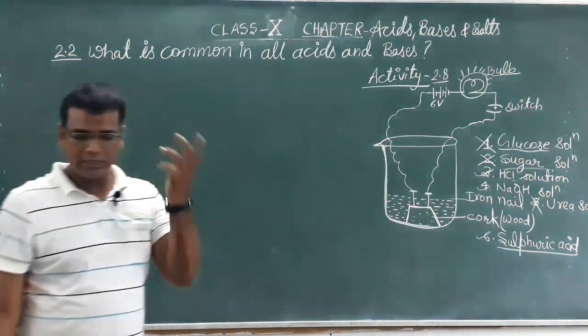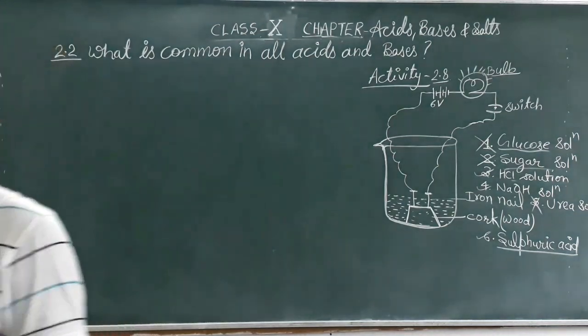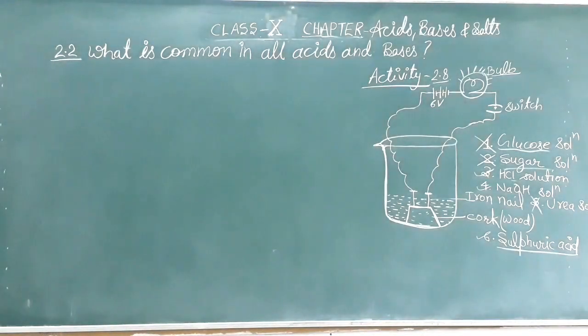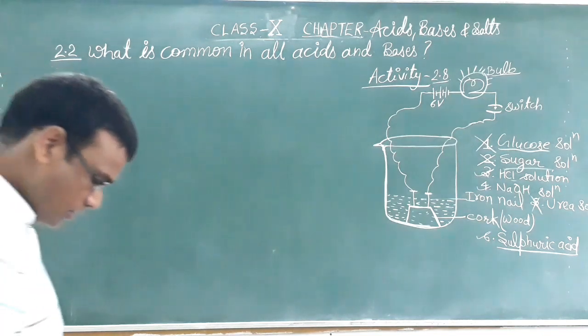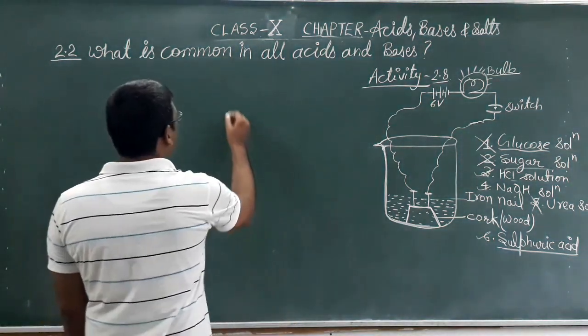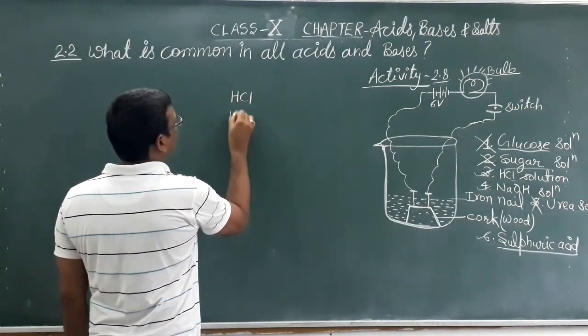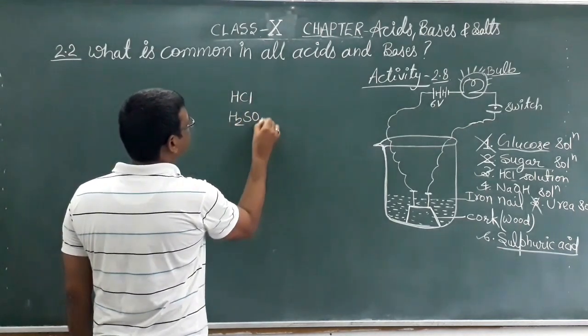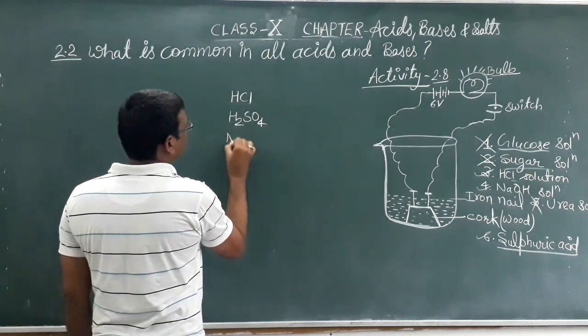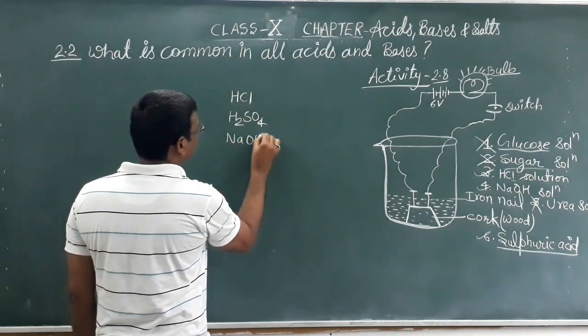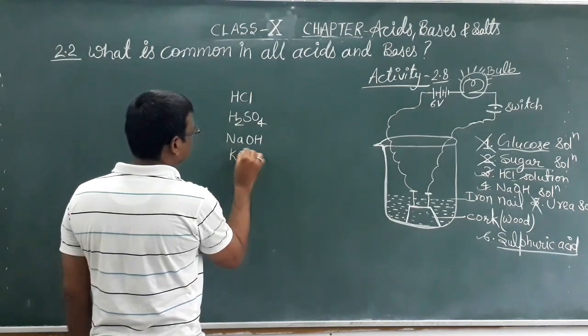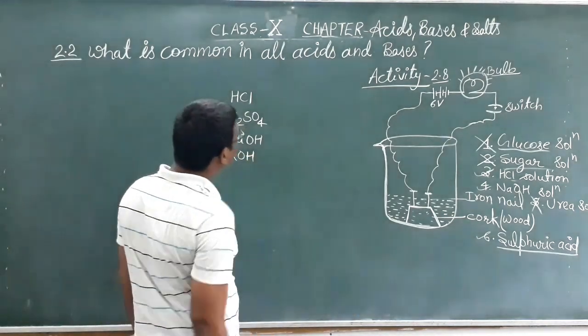Now what is the special thing in these three samples which makes the bulb glow? When we are talking about an acid like HCl or H2SO4, or a base, what is common?